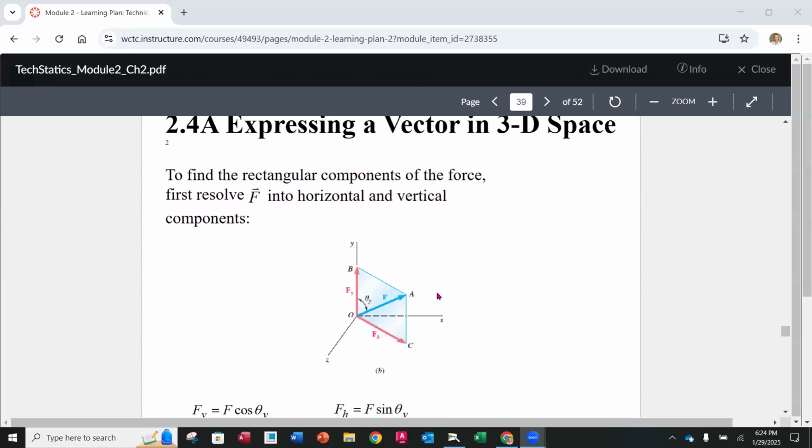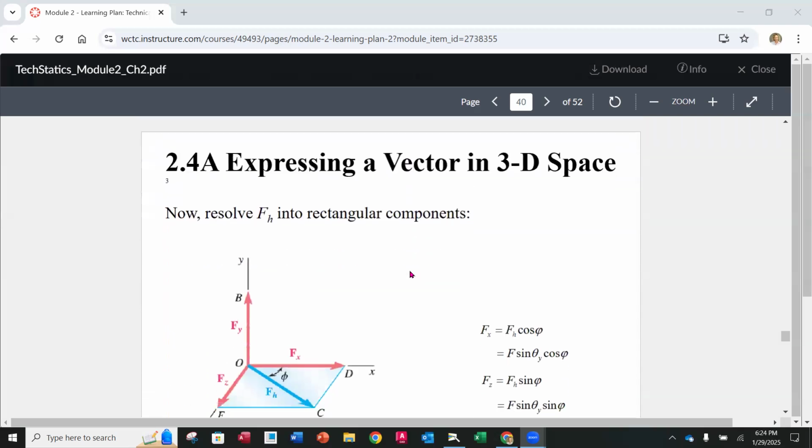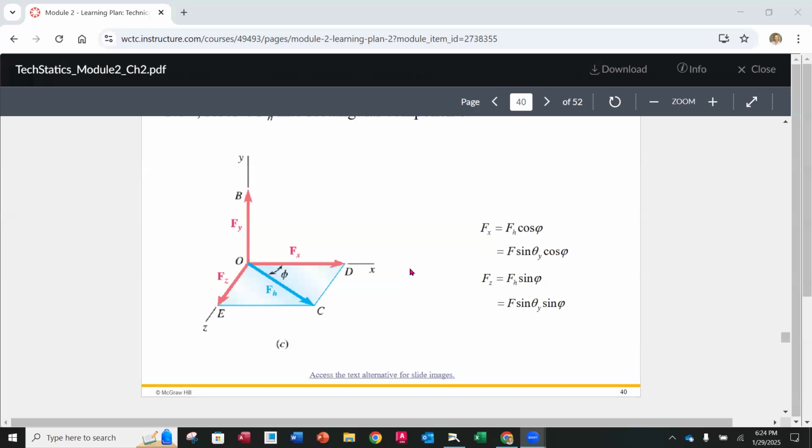Now, when we want to show this in 3D space, I'm going to go a little bit further here. We want to actually find out what the components are on each one of the axes here now, including the Z. So every one of our forces in this section is going to have an X component, a Y component, and a Z component.